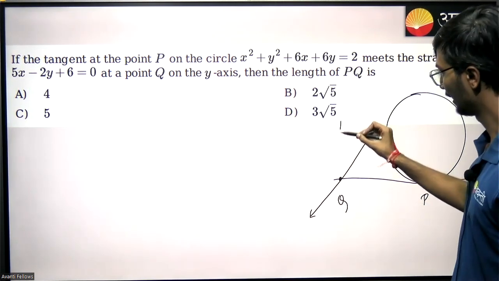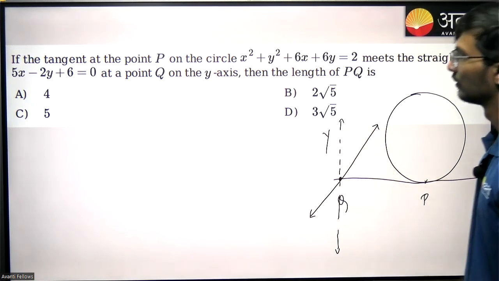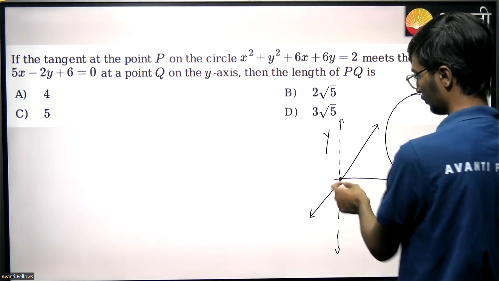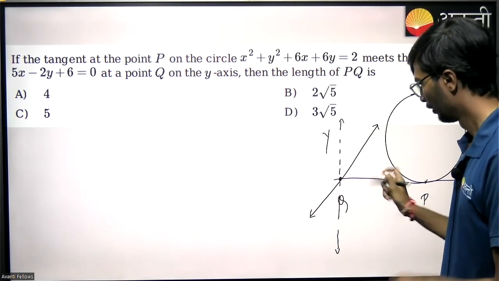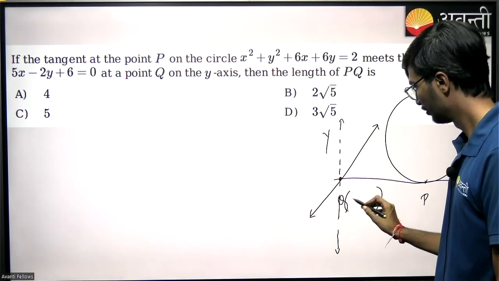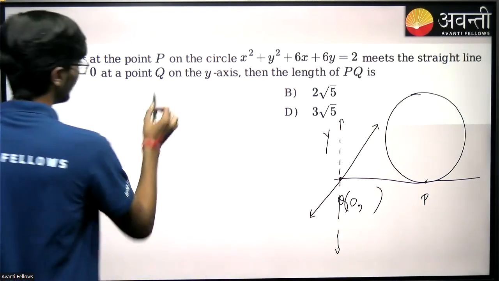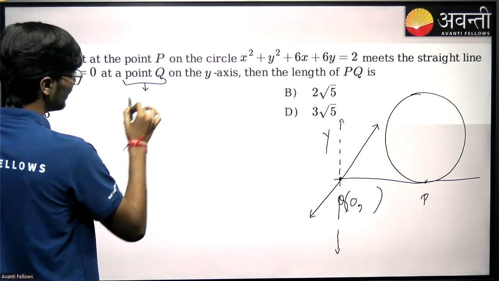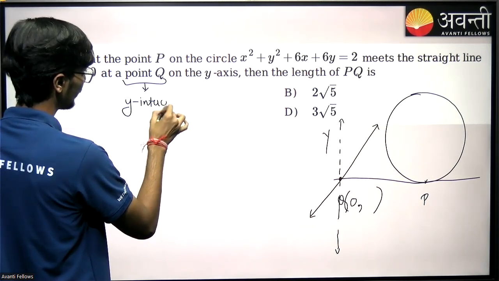So let's say this is point Q and this is the straight line. And this is the y-axis. Point Q is on the y-axis. So I don't know if this is the y-axis or not, but there is a y-axis present here. So that means Q will be (0, something). Basically, here it means that point Q is the y-intercept.